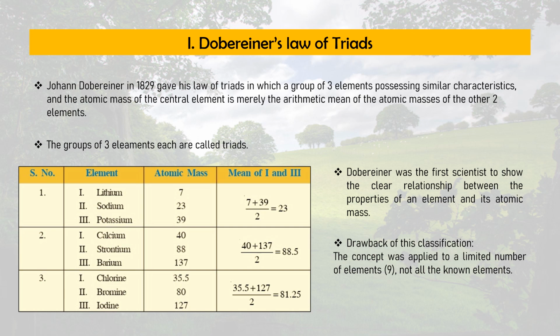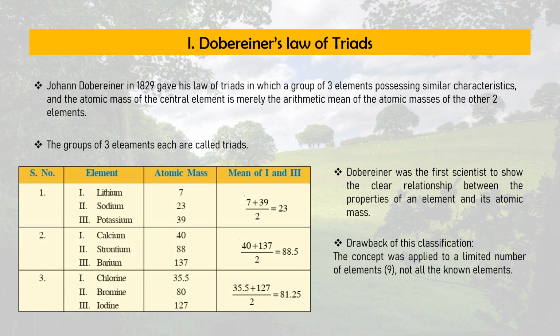For example, this is the table that was given by Dobereiner, and here he showed that lithium, sodium, and potassium are all arranged in increasing order of their atomic mass, and we can see that sodium has an atomic mass equal to the arithmetic mean of the first and third element.